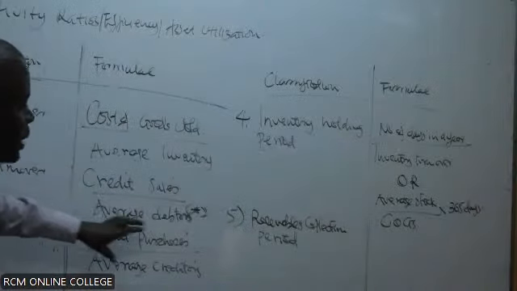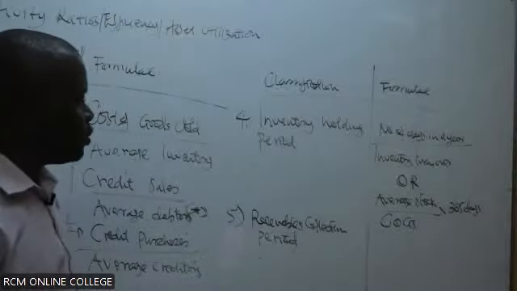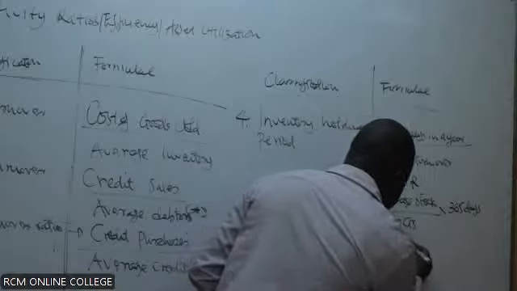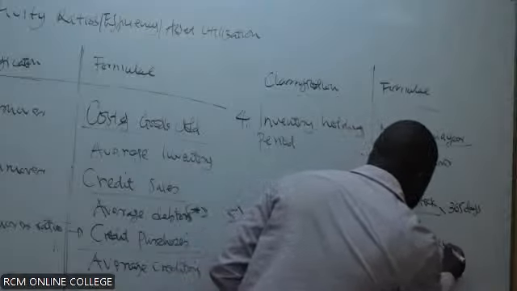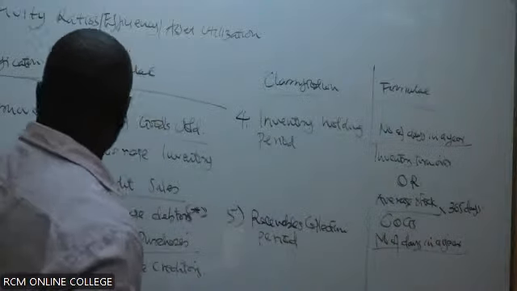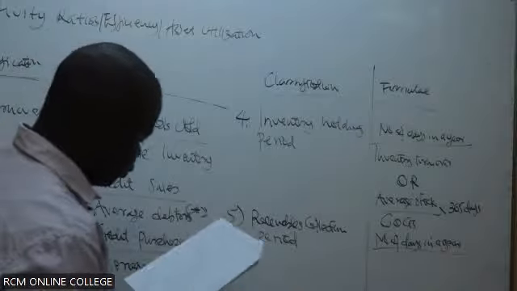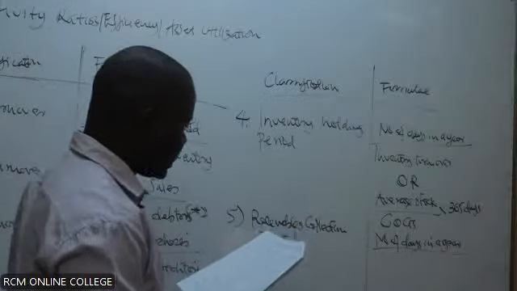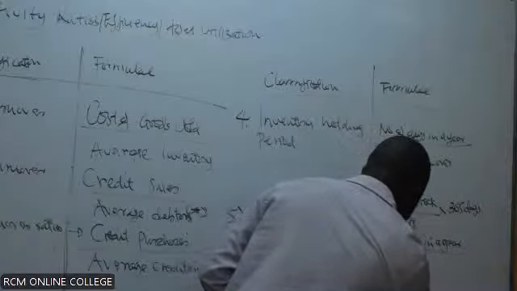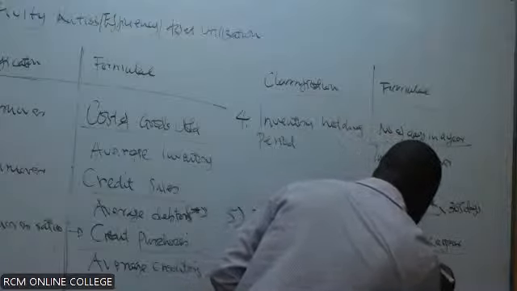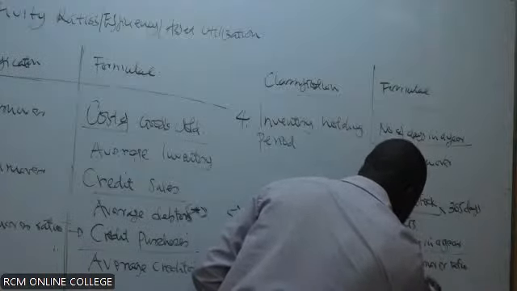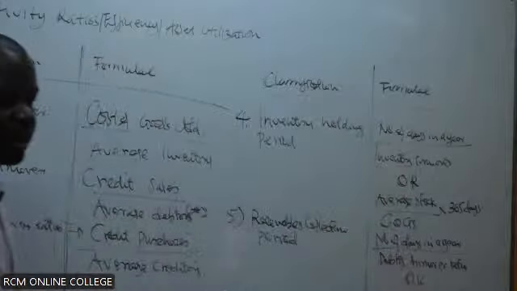So ukikuja hapa pia ukitaka kujua receivables collection period, you take the number of days in a year, you divide by the receivables turnover ratio, or the debtors turnover ratio.